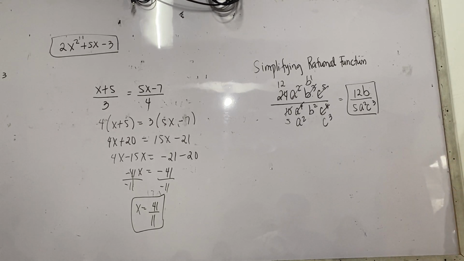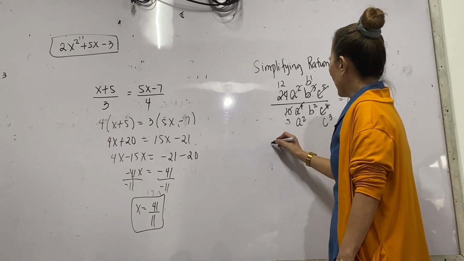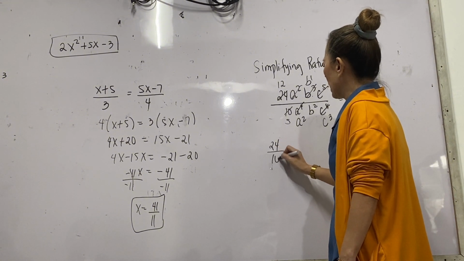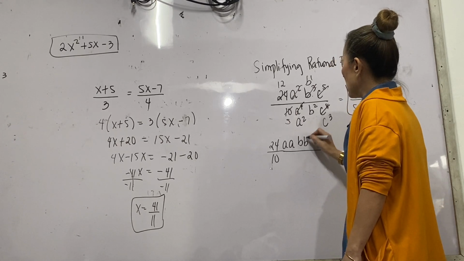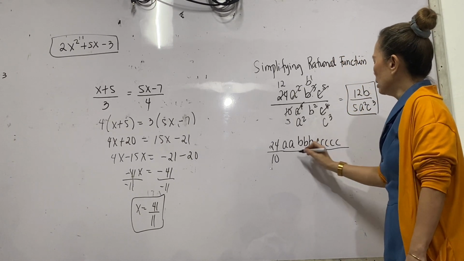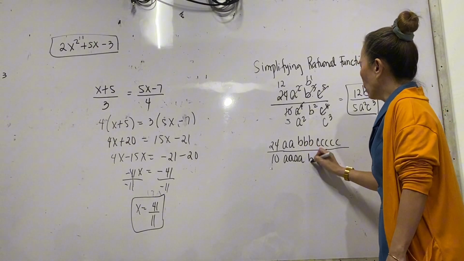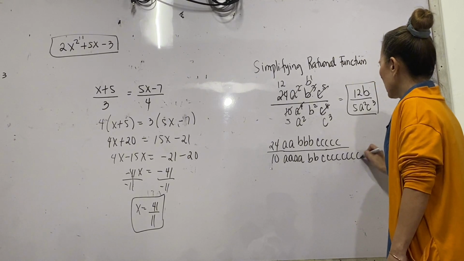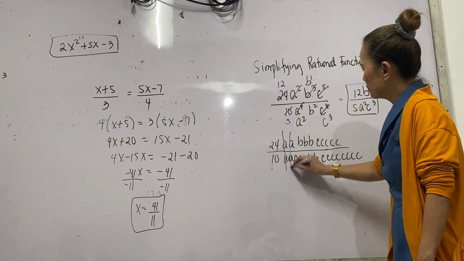Nasusundan po ba? Nasusundan? Parang ganito po yan ha. Para bang, okay, pag in-extend natin yan, para bang 24 over 10, 2 a, 3 b, 5 c, over 4 a, 2 b, 8 c. Cancellation lang.